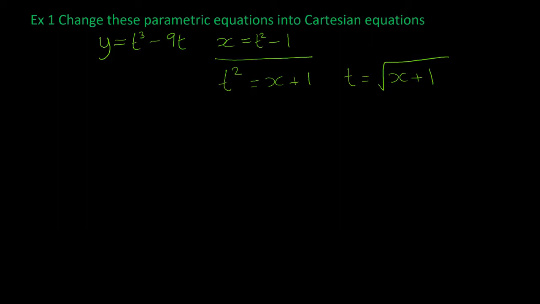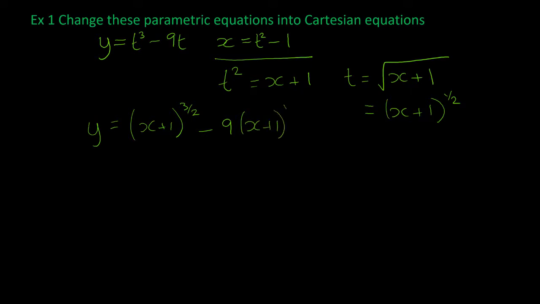Now you might find it helpful to think of this version in this format. Okay, so then that gives us y equals (x plus 1) to the 3 over 2 minus 9 (x plus 1) to the half.